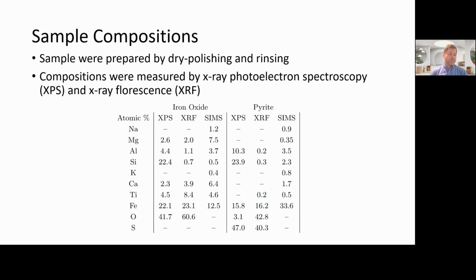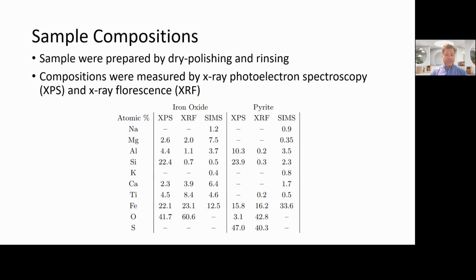So the amorphous silicon wafer was formed using a dry thermal oxidation process, and so that had a very well-defined SiO2 composition. But we wanted to double check our iron oxide and our pyrite samples, and we did this using X-ray photoelectron spectroscopy, or XPS, and X-ray fluorescence, or XRF.